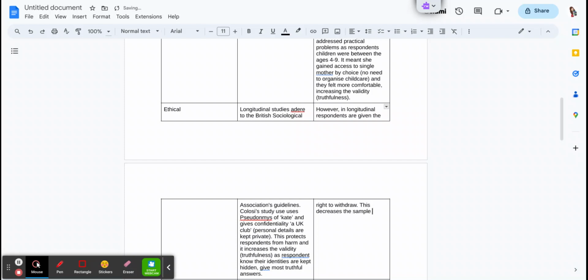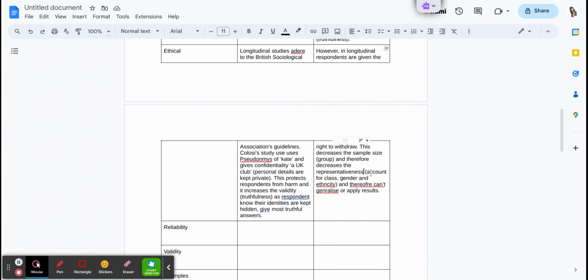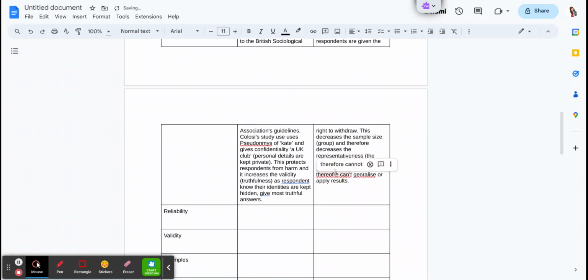This decreases the sample size or group, and therefore decreases the representativeness, the ability to account for class, gender, and ethnicity, and therefore we can't generalize or apply results because we let them all leave.